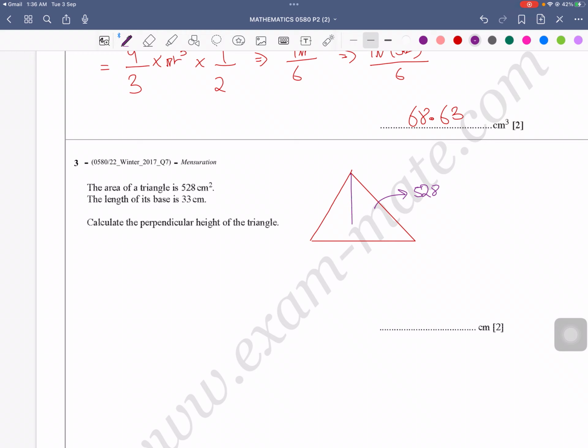You need to find this perpendicular length, and this entire thing is 33, right? Now it's straightforward. Oh, never mind, there's a right angle triangle. Never mind. We have this triangle, right?